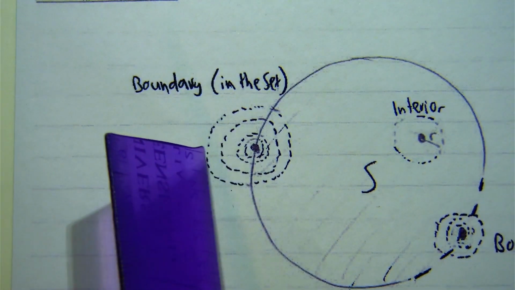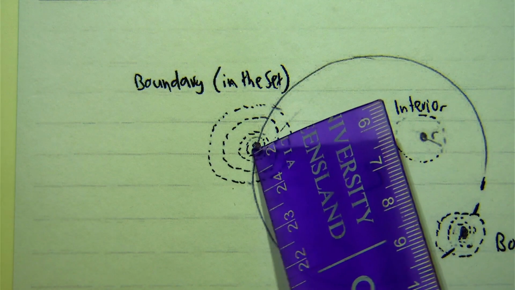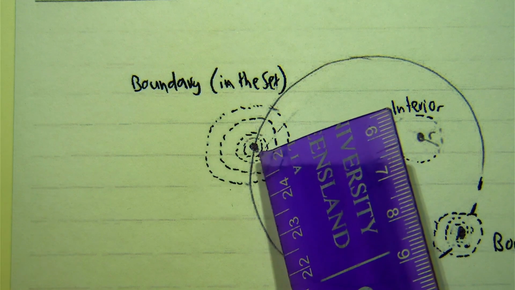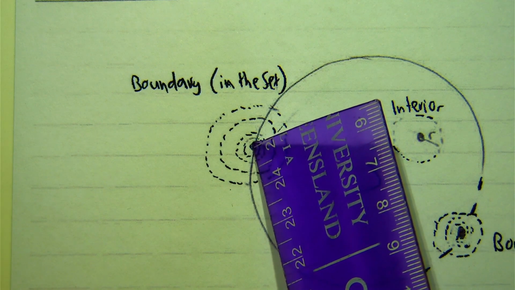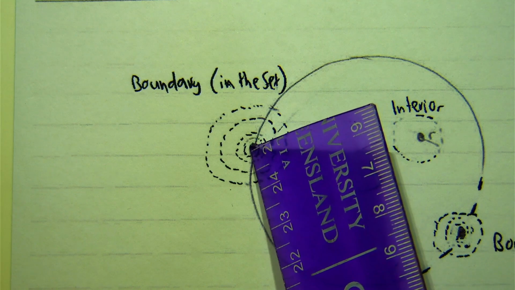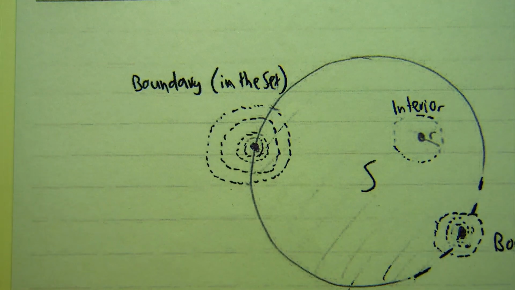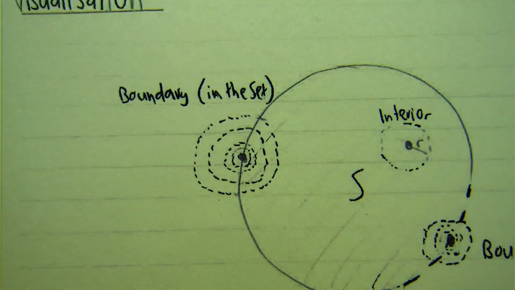So that's these points over here on the side, as well as points in the set, which is actually to the right here. And in this particular example of a boundary point that is located on the boundary and in the set, they all contain a point in the set because the point at the center is in the set. But you'll always have points outside of the set no matter how small the radius of that open ball is.